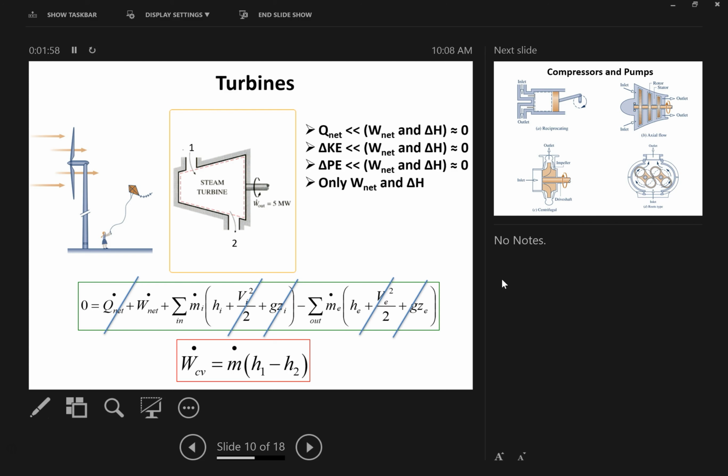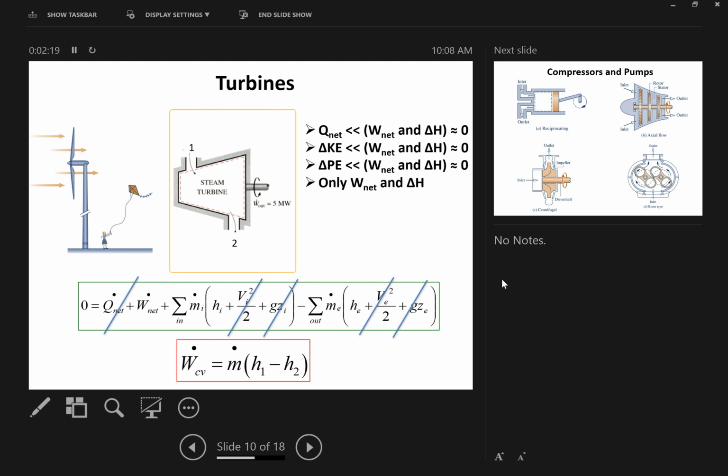I think there's a homework problem that has a double set of turbines. You make the whole system as one, and so you're going to have more terms down here. But for the majority of the problems you'll see, you have one turbine set, and that's your equation there.